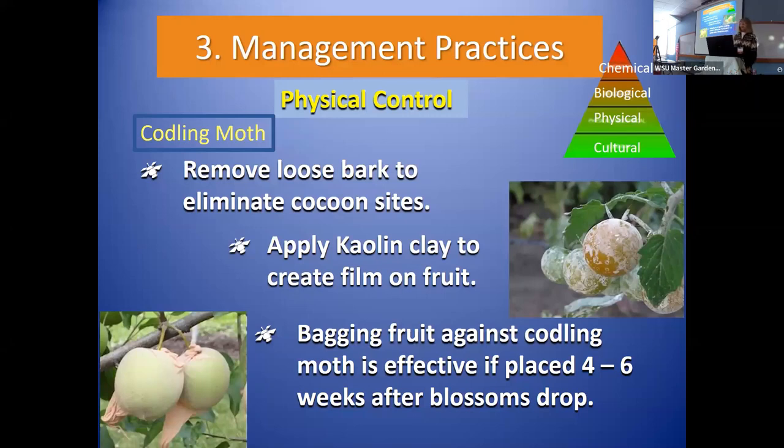Well, the codling moth larvae, when it's in its last stage as a larvae, is going to emerge from that apple and walk down the tree and look for a site to pupate. So it'll spin a cocoon, and where it's going to look for is loose bark. So the idea is that you want to remove loose bark. By doing that, you are removing potential cocoon sites.